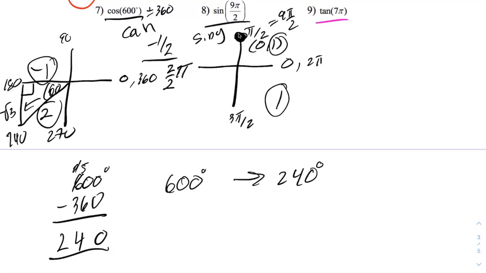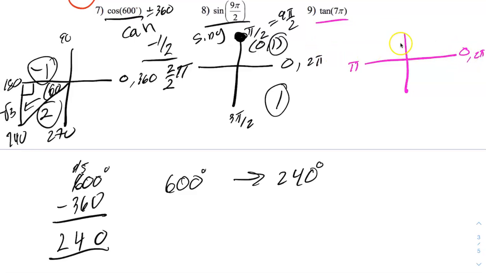Same as the last one here, 7 pi. So here's 0, here's pi. You've got to go all the way to 7 pi. Well, this is probably a little easier because it goes pi, 2 pi, 3 pi, 4 pi, 5 pi, 6 pi, 7 pi. In general, for these, odd numbers are on this side, the left, and even numbers on the right.